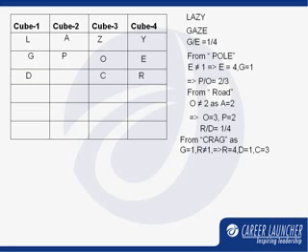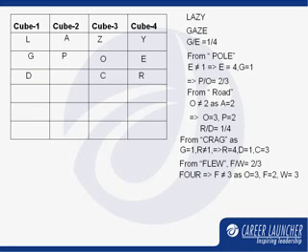Let us see another word, F-L-E-W, flew. We are saying that F and W have to belong to either cube 2 or cube 3 because L and E are already occupied in cube 1 and cube 4. Let us see another word, F-O-U-R.